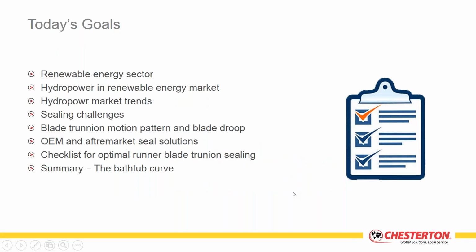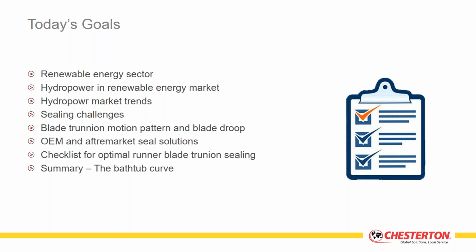Let's have a quick look at the agenda of the webinar today. First of all, I would like to say a few words about the renewable energy sector, and then the situation of hydropower in the renewable energy market, and the trend in the hydropower market.